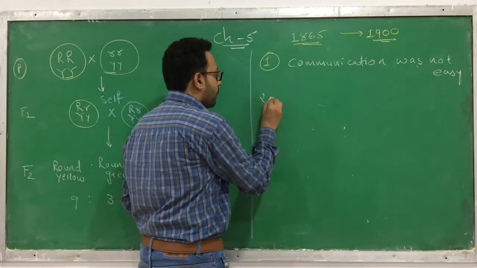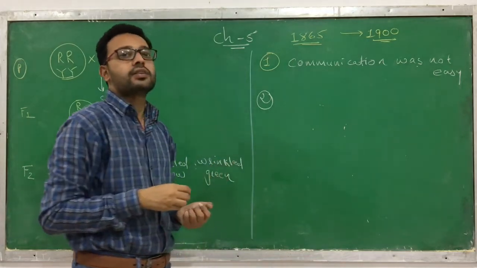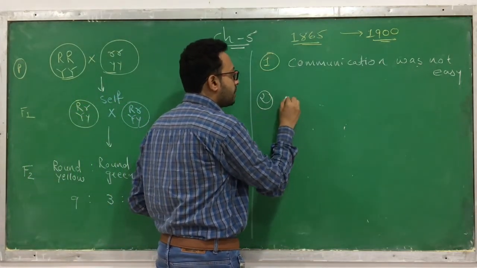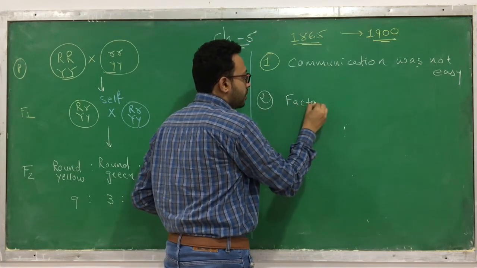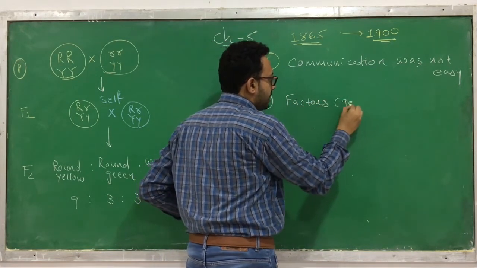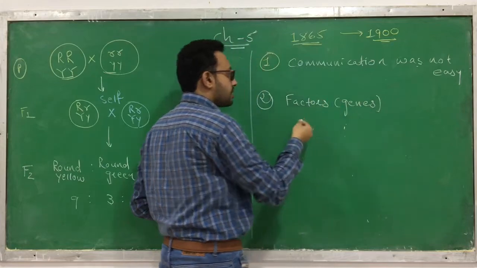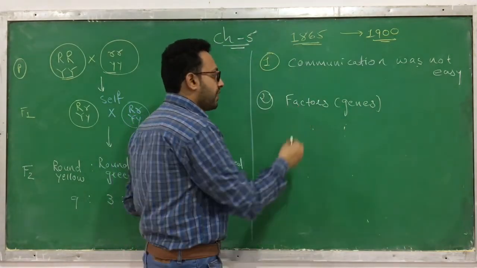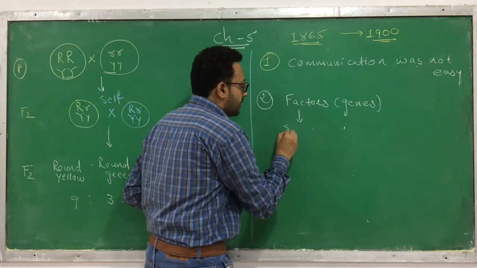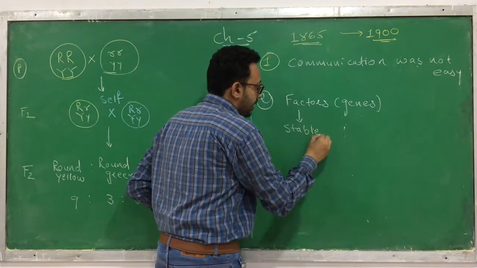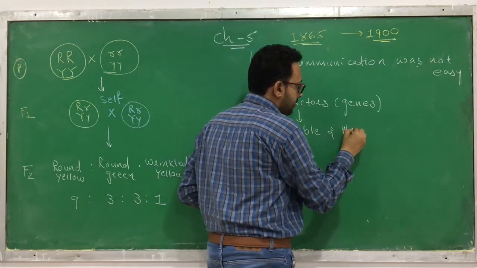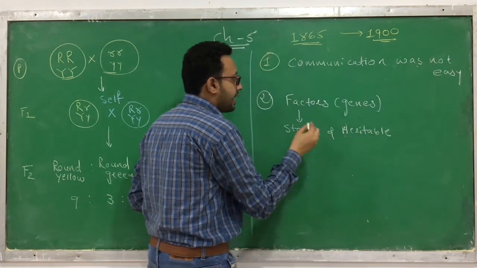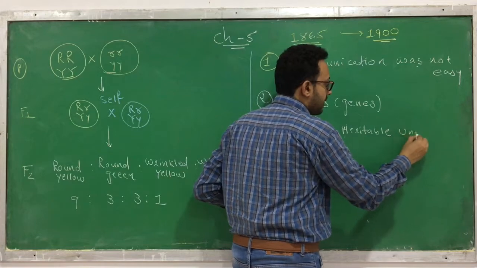The second reason why Mendel's experiment remained unrecognized: Mendel's concept is based on factors, what we currently call genes. Mendel called them factors. He gave the concept of factors, and these factors are stable and heritable units in a living organism.